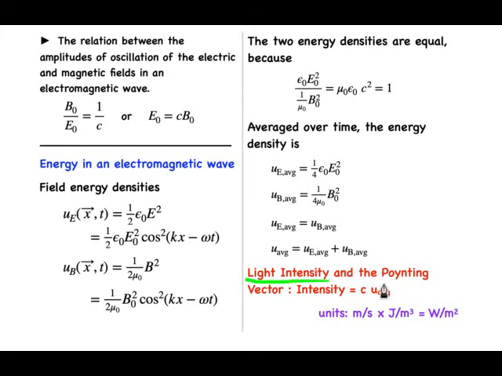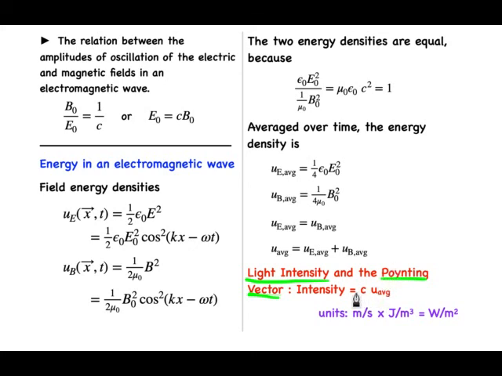It's determined by what's called the Poynting vector. And so you'll have to read the section in Fisher about the Poynting vector. The Poynting vector is the power per unit area. It turns out that the power per unit area is just the speed of light times the energy density.